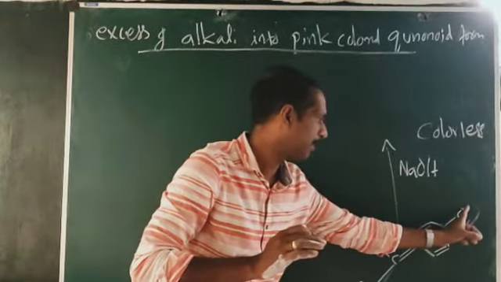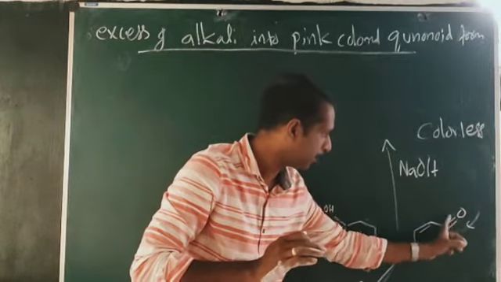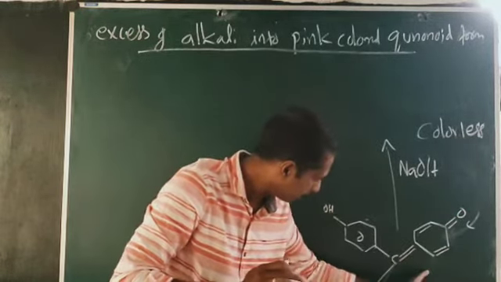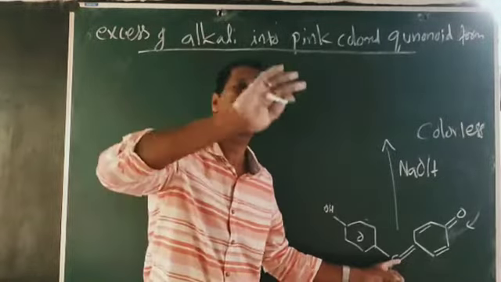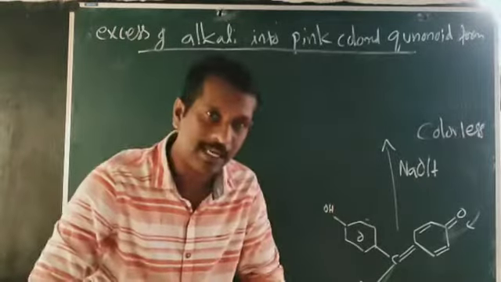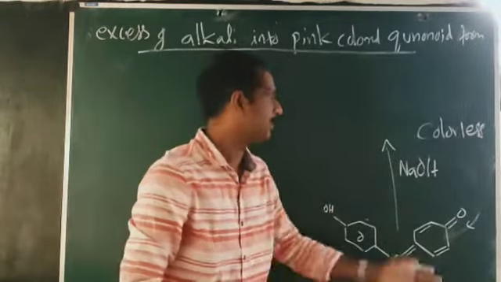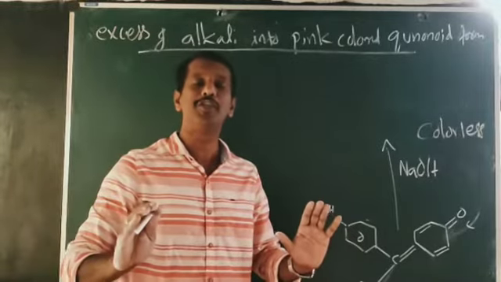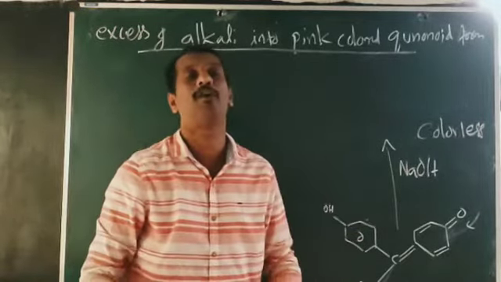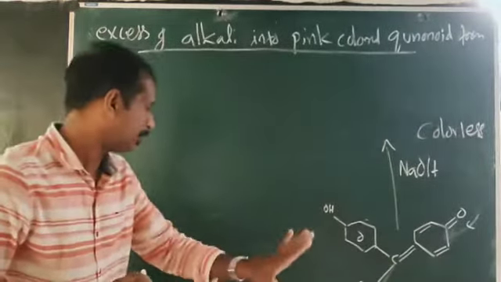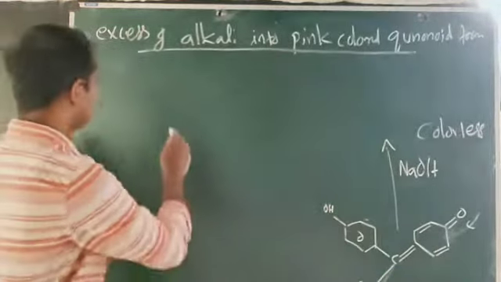When you add acid, H plus is accepted, this bond is breaking, then this bond will go there, this is coming back, and this will again go back. It is changing to benzenoid form when you are adding acid. Instead of acid, again you are adding excess of alkali only. Then also it will change into colorless form. What is the reason? When you add excess of alkali to quinoid form, what reaction is happening?